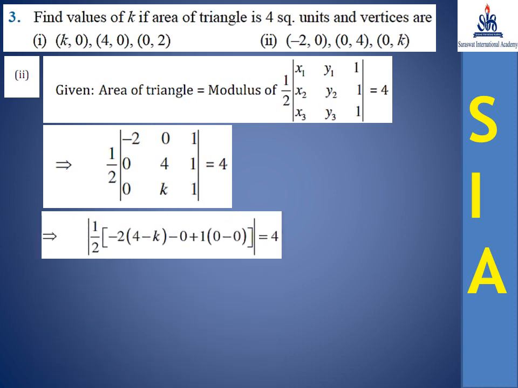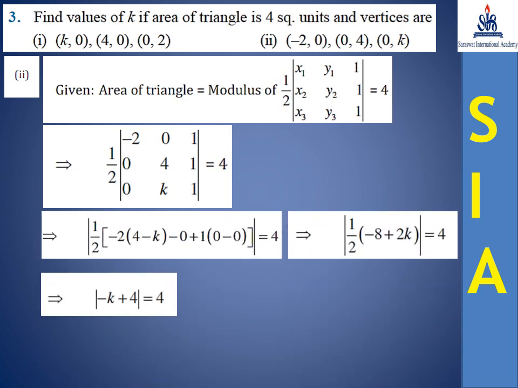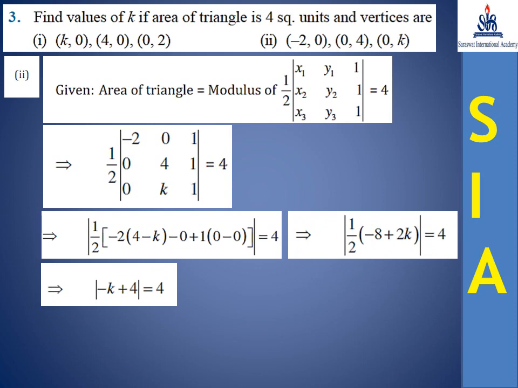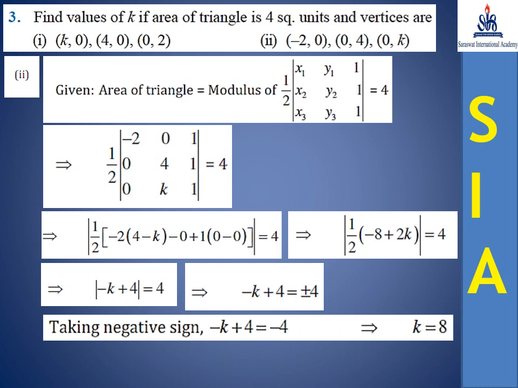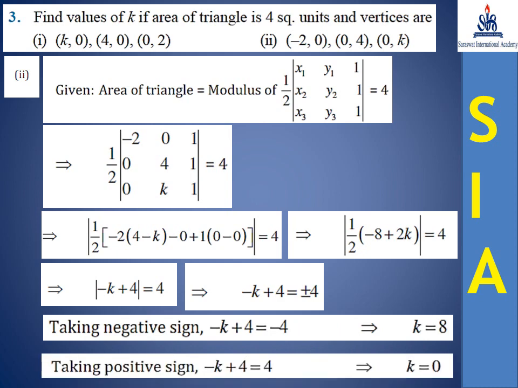If you calculate further, after taking 2 common you get minus k plus 4 is equal to 4. Here also, students, my answer has two possibilities, plus 4 or minus 4. Taking plus 4 and calculating, we get k equal to 8. And taking the negative sign, minus 4, the next answer is k equal to 0.